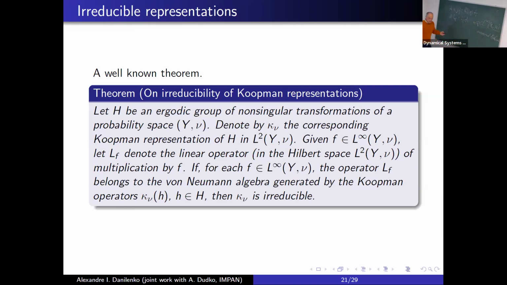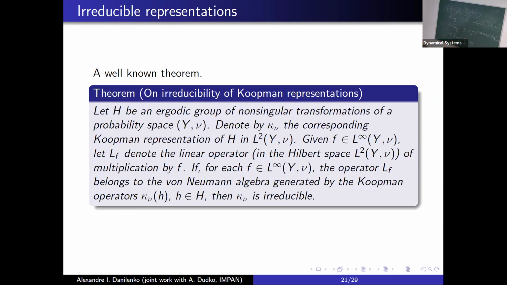Hence, every operator that commutes with every L f is also of the form L f. Now, this property of commuting with kappa nu of g gives immediately that f is invariant under g for every g.